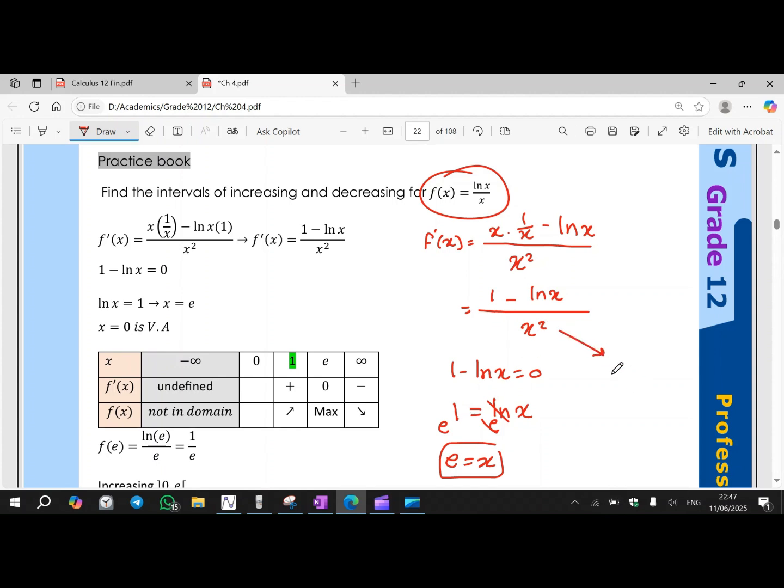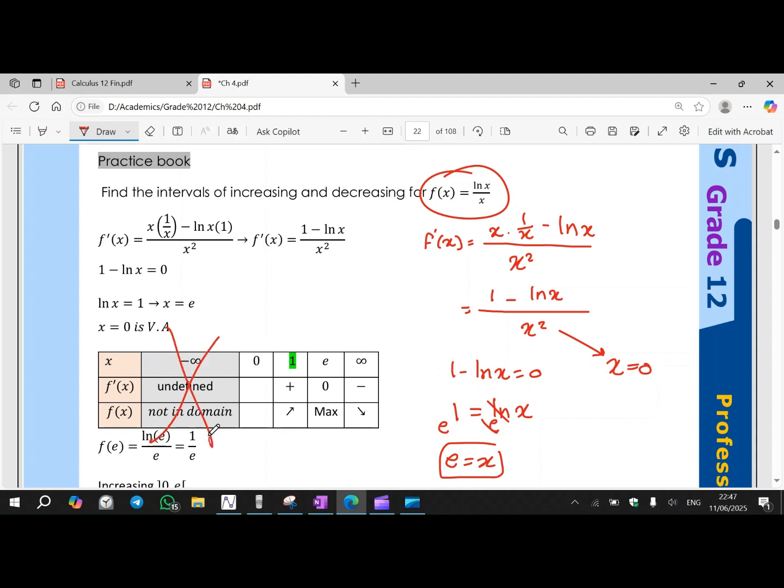What makes the denominator 0 is x equal to 0, but 0 causes trouble for the original function as well. That means 0 is the vertical asymptote. Can we have any number less than 0 in this function? As ln is undefined for negative numbers, the answer is no. Ln is also undefined for 0, then this 0 is the beginning of the graph.